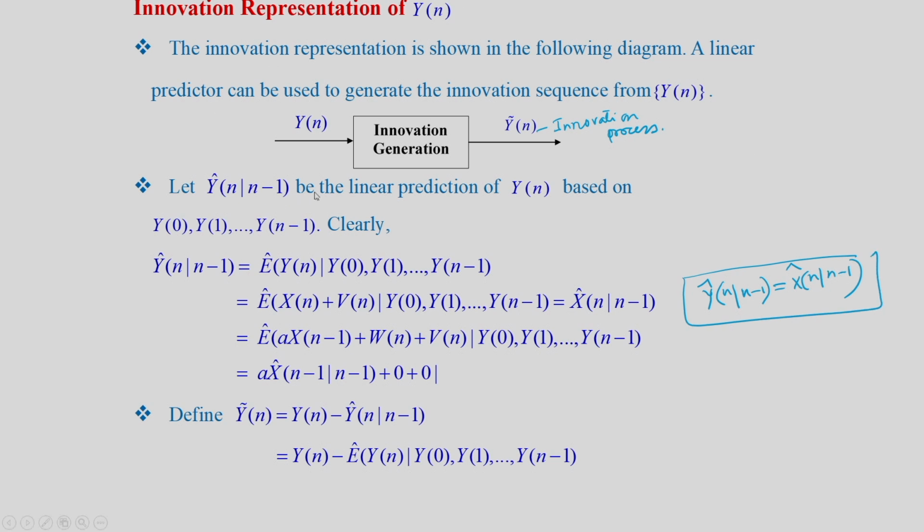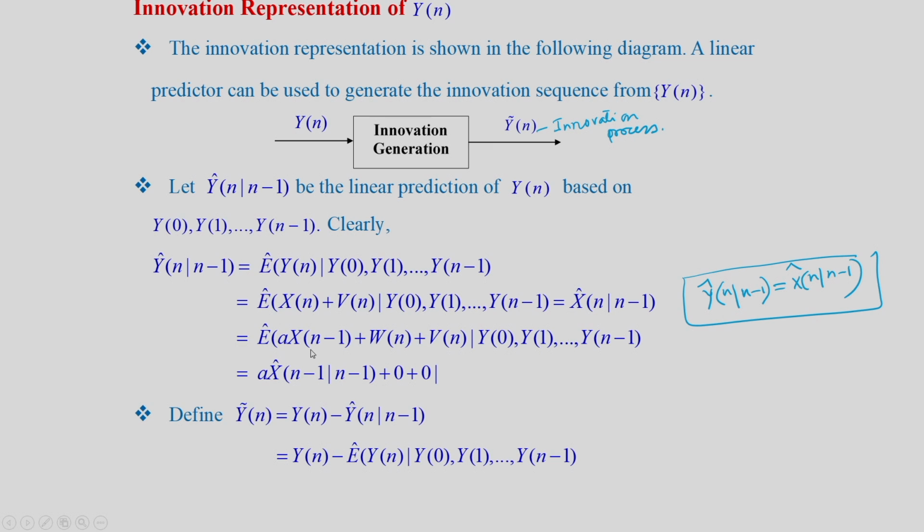Now, we can further write, because xn is a times xn minus 1 plus wn and vn is vn only, this will be E hat of a times x of n minus 1 plus wn plus vn given data y0, y1 up to yn minus 1.